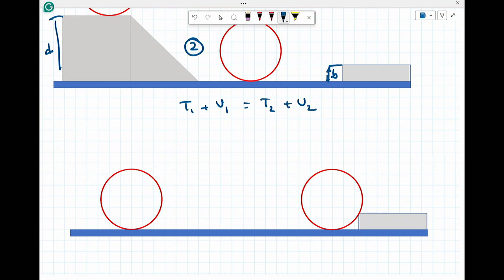At the top, it starts with 0 velocity, but with gravitational potential of mgD. At the bottom, it has 0 potential. Okay, let me just start writing things down instead of saying.